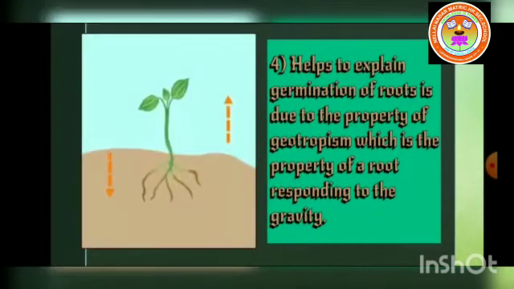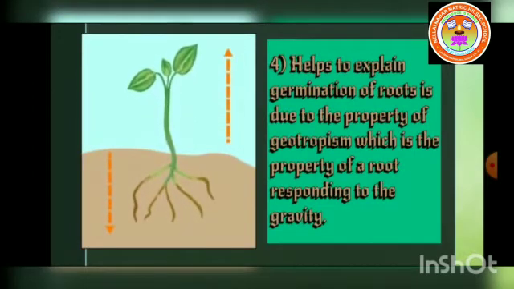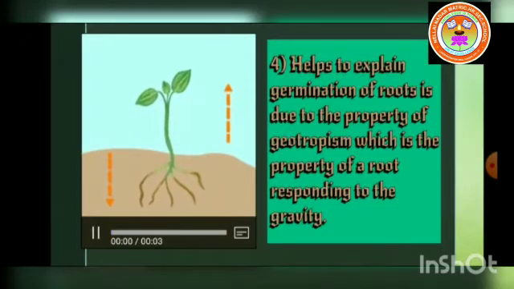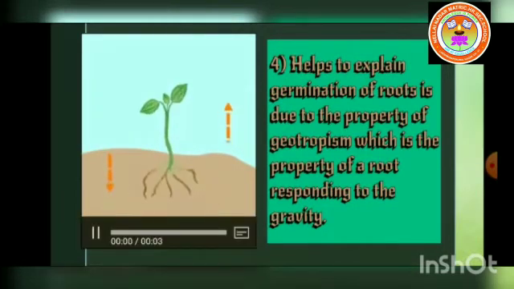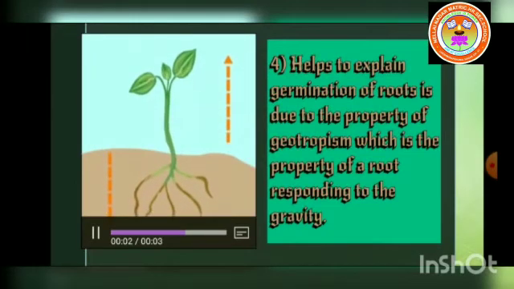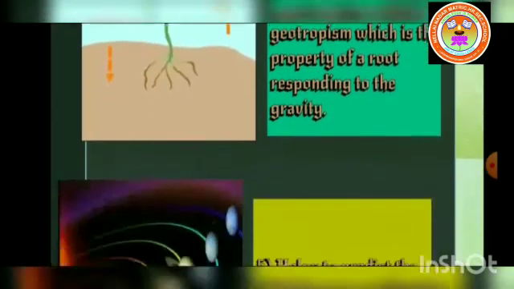Fourth application: it helps to explain that germination of roots is due to the property of geotropism, which is the property of roots responding to gravity. Fifth application: it helps to predict the path of the astronomical bodies.